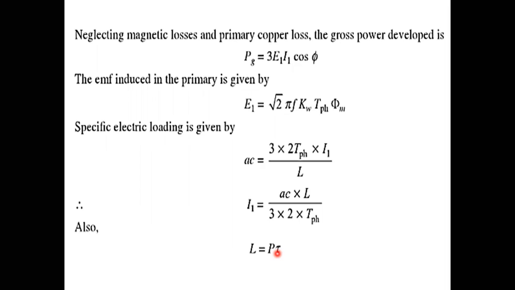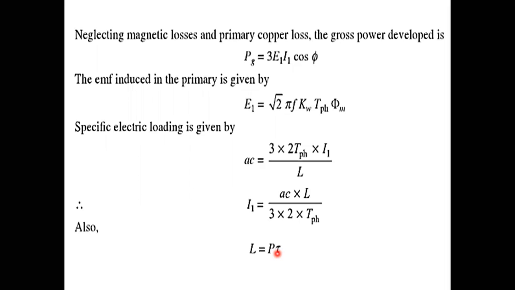The gross power developed P suffix G is 3 times E1 I1 cos phi 1, which is the same as the relation for the normal induction motor. Here we are neglecting those losses, and the equation is P suffix G equals 3 times E1 I1 cos phi 1.